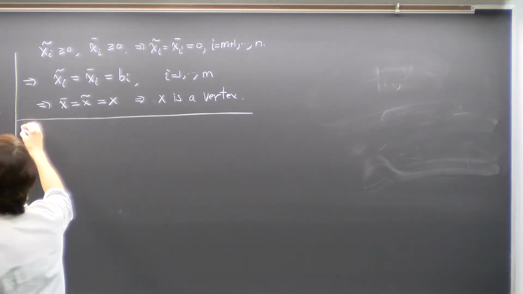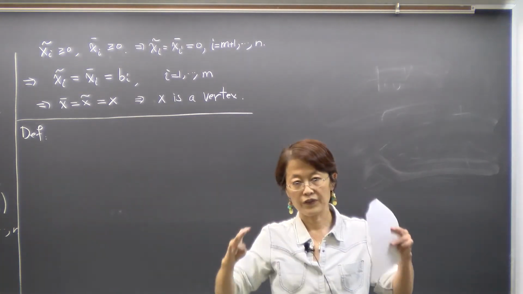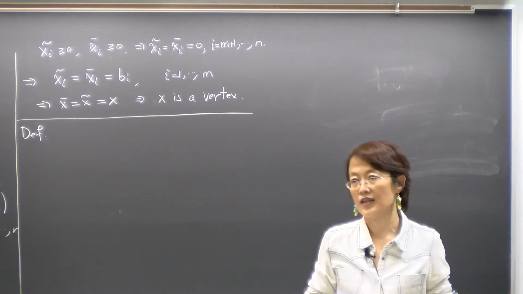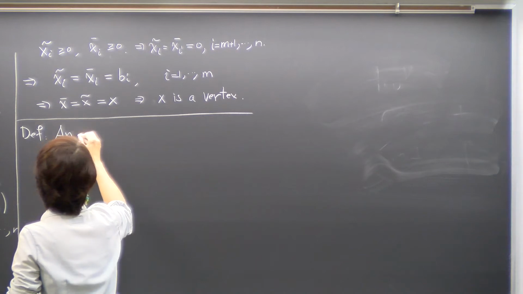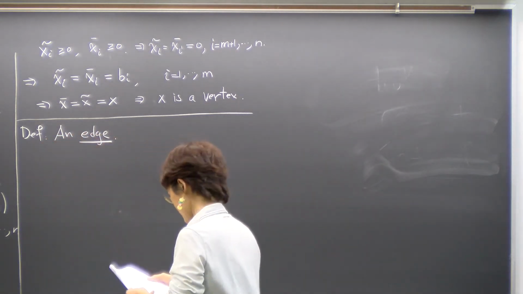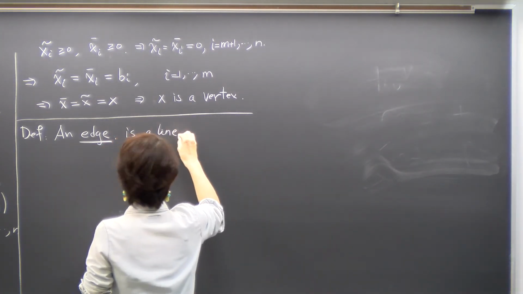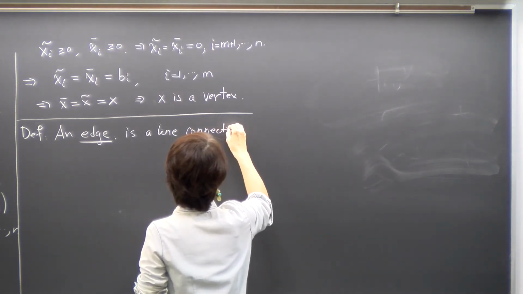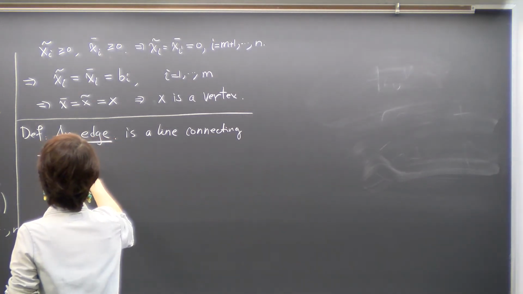I'll give you a formal definition of what I mean by an edge of a convex region, and we'll show you that we're exactly moving along the edge. All right? So let's define an edge. What is an edge? It is a line connecting two vertices.